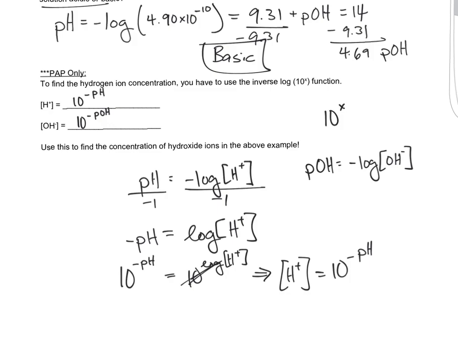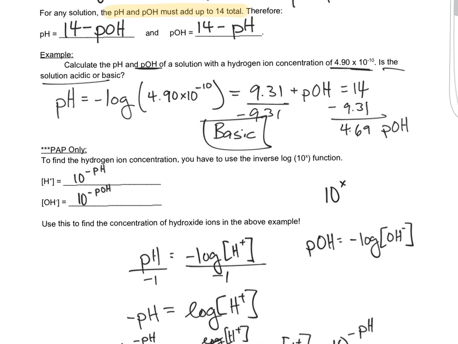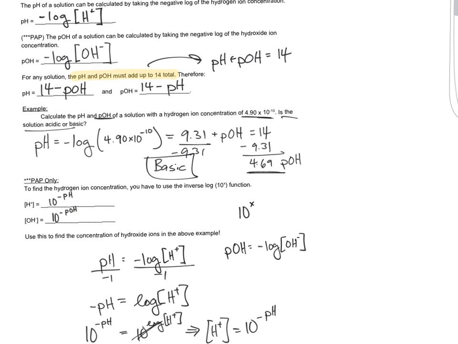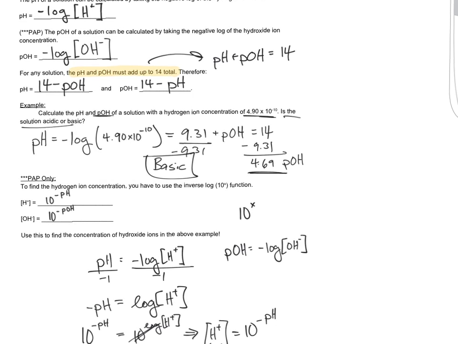So I want you to go ahead and go back up to the example problem up here and use the pOH that we found, 4.69, to calculate the hydroxide ion concentration for that question. Let me make that a little bit smaller. All right, so to do that, you have to say hydroxide ion concentration equals 10 to the negative pOH.